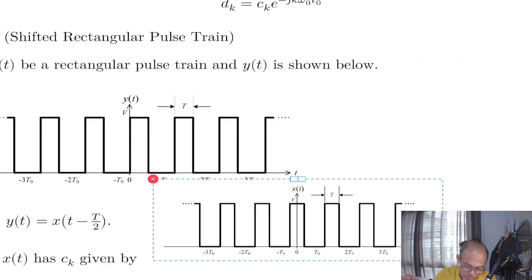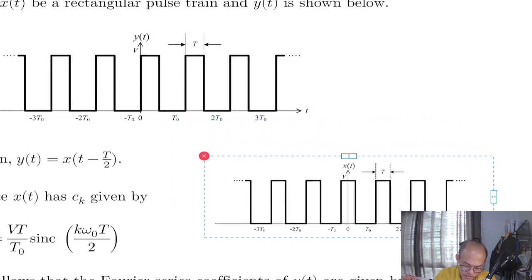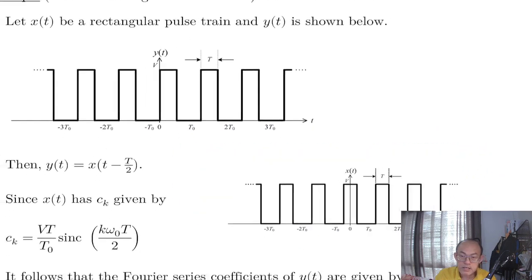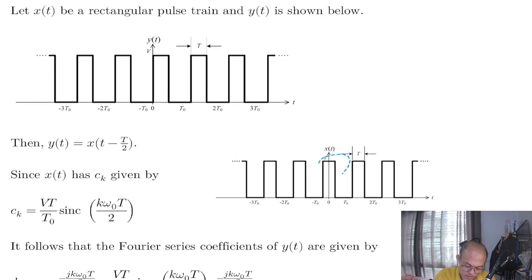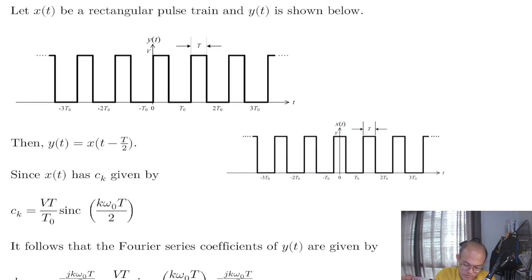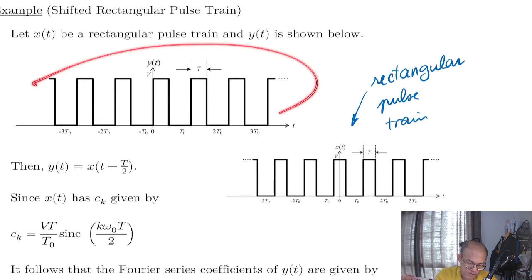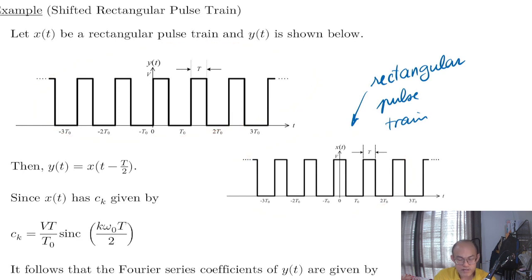This is the usual rectangular pulse train. Do you see they resemble each other, right?